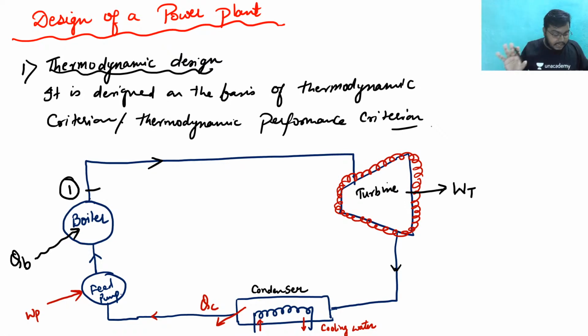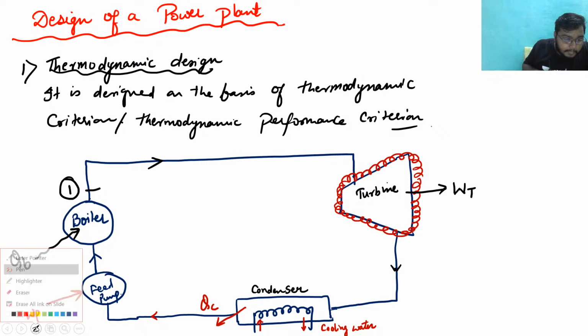Now see, this is the basic idea that I have given. Now I'm explaining everything in great detail. Before that, let this be state 1, and this is also state 1. Clear?